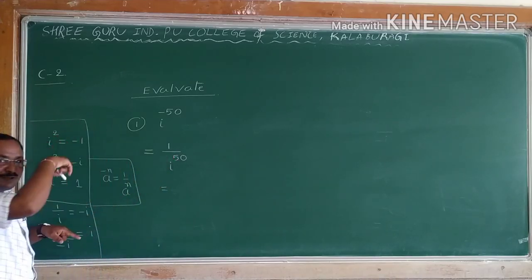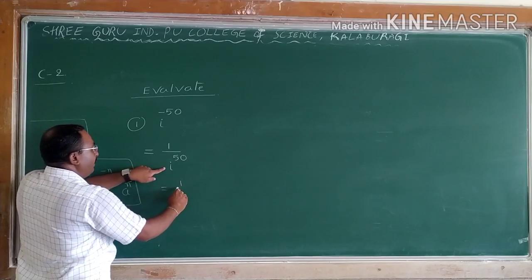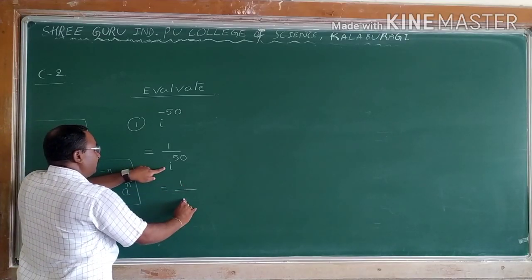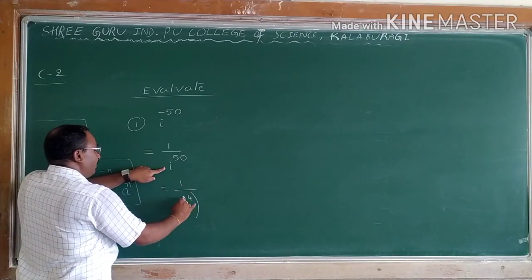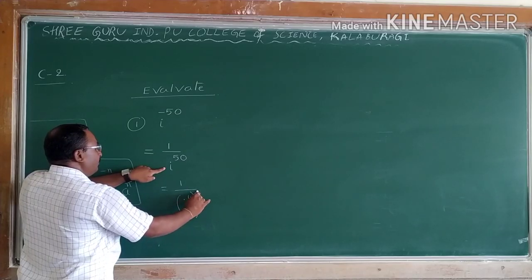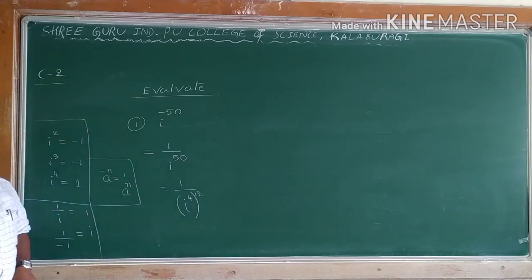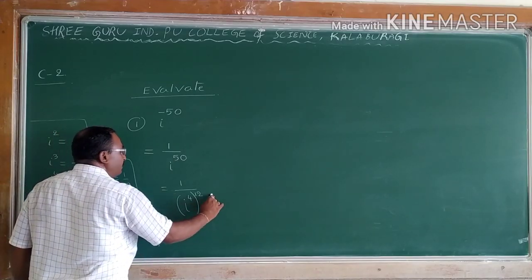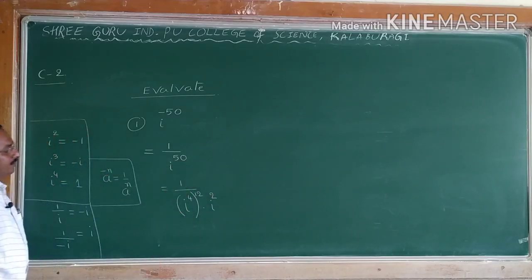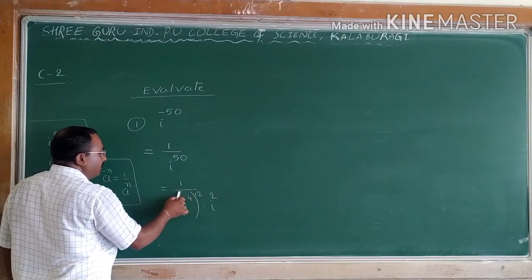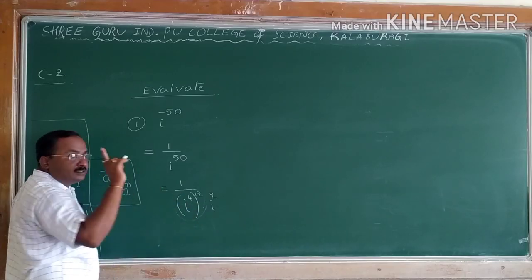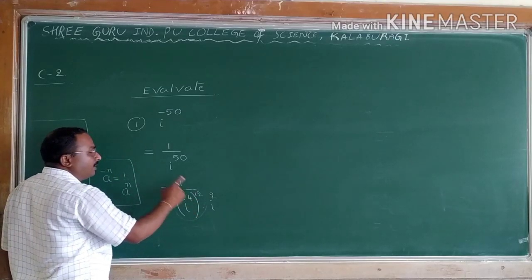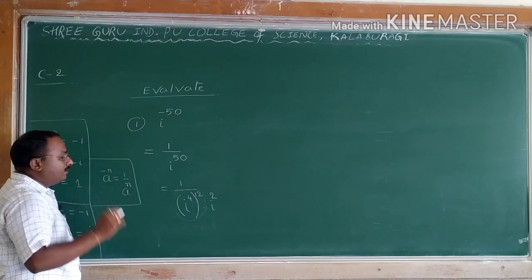Remaining as usual previous method, 1 by, convert smallest, i power 4, divided by 4, 4 into 12, 48, remaining i power is what? 2. This value always what? i power 4 is 1. 1 to the power any number, 1 to the power 12, 1.